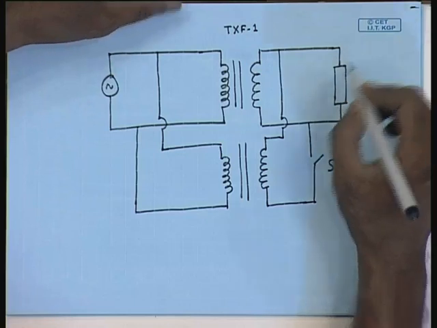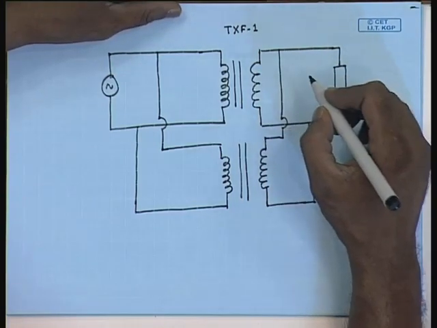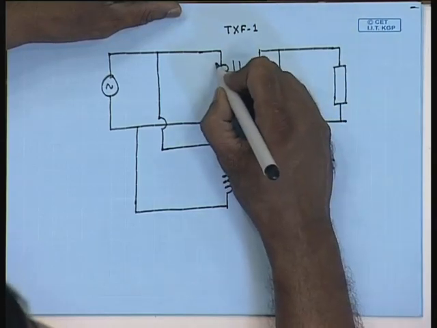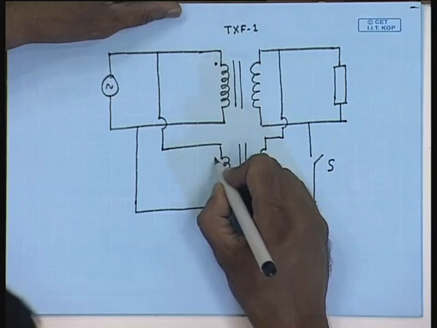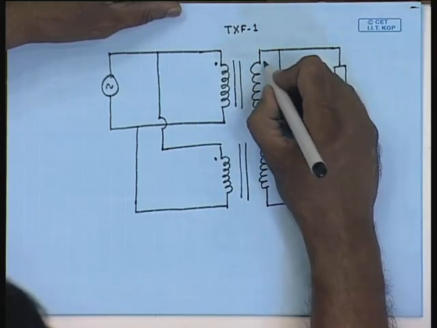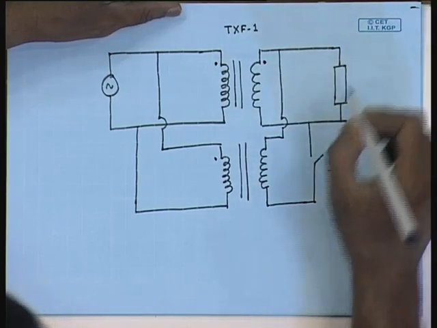However, while connecting the secondaries in parallel, one should be careful about the instantaneous polarity of the voltages. For example, this is the instantaneous positive terminal of the parallel connected primaries and this is the instantaneous positive terminal of the secondary of the first transformer.